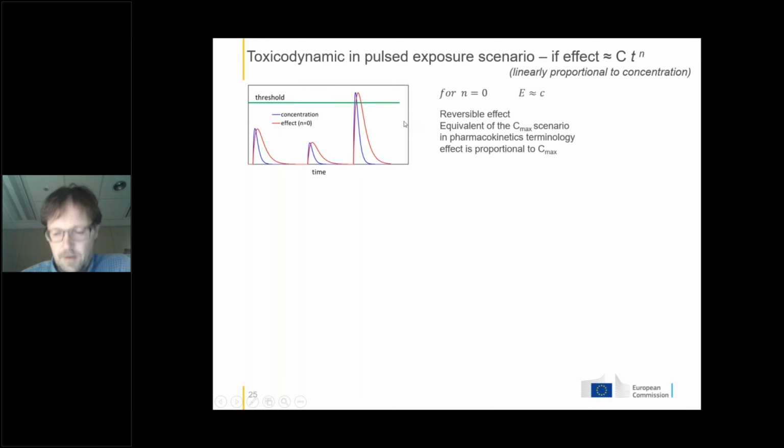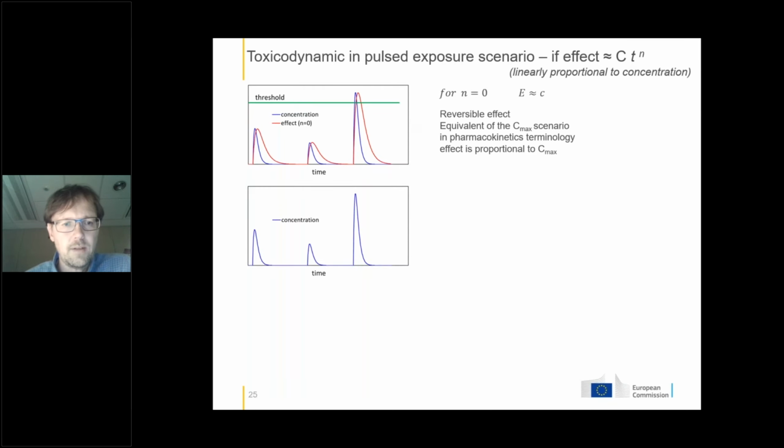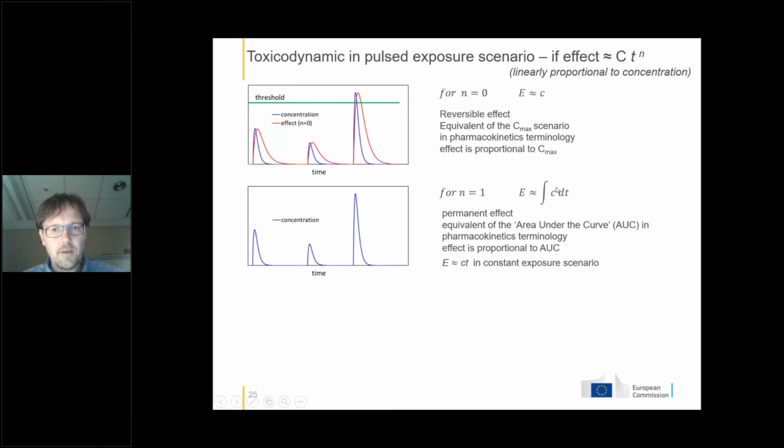the effect. Then let's suppose the second case, when n equals 1. So again, you have 3 pulses of the chemical at the place of action, and then you apply the first integral over time, and you will get something like this.